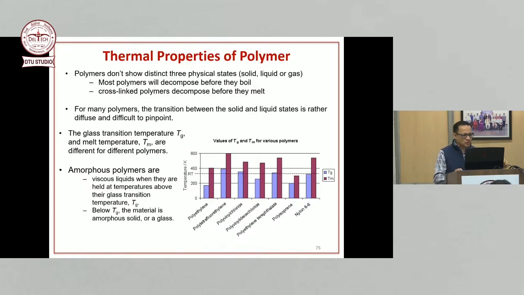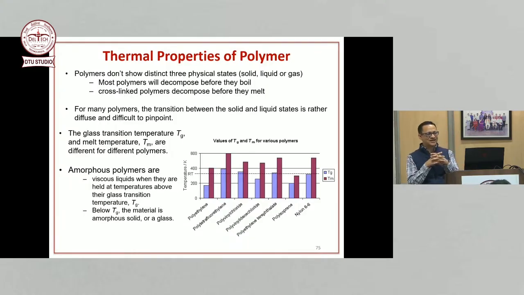Most polymers will decompose before they boil. Cross-linked polymers decompose before they melt. So with a cross-linked polymer, you cannot dissolve it and make it a liquid. They are set, also called thermoset polymers.